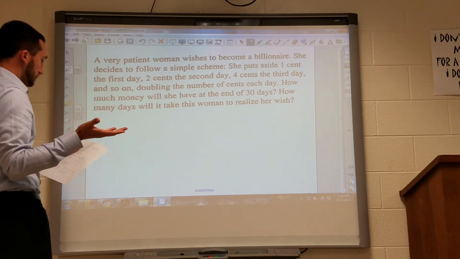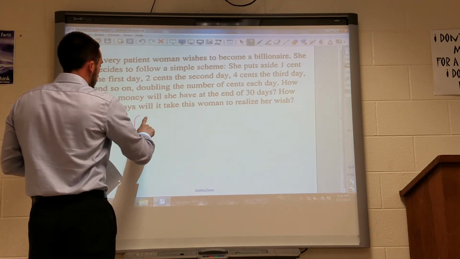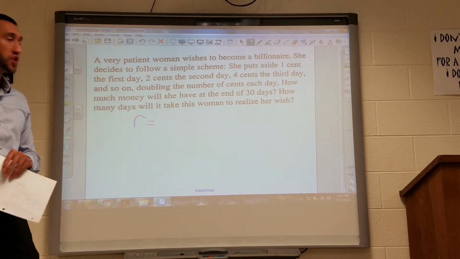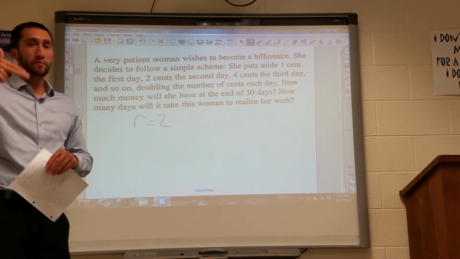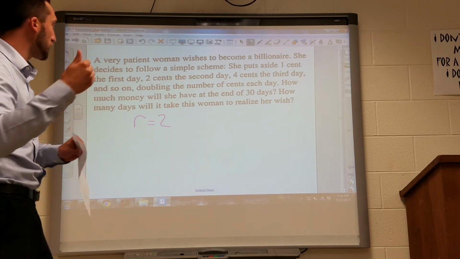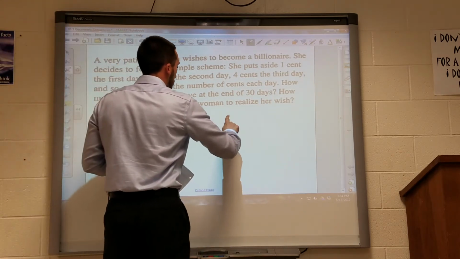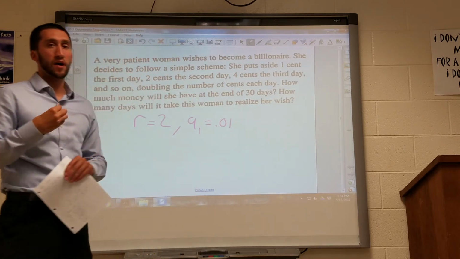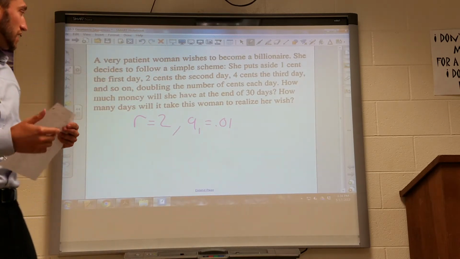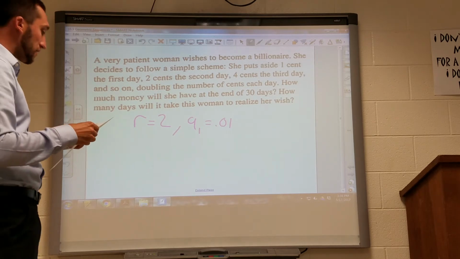So what we know: my common ratio is 2, because each term I'm multiplying by 2 to get the next term. I know my first term is 0.01, because I'm talking about money, so 1 cent is $0.01.